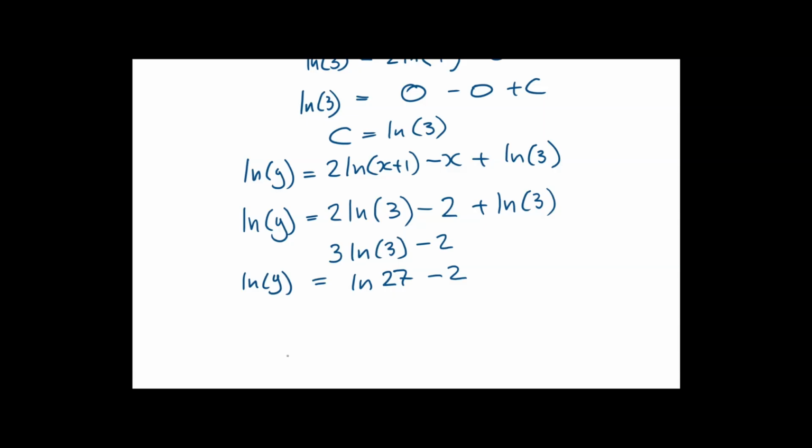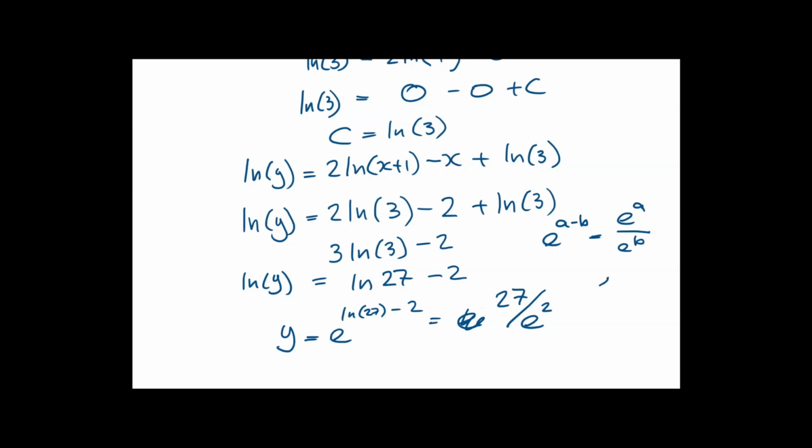Now we want to get rid of this ln, so we exponentiate it. So y is going to be equal to e to the power of (natural log of 27 minus 2). Using the rules of exponents, e to the a minus b, and e to the natural log cancel, so it's going to be 27 over e squared.